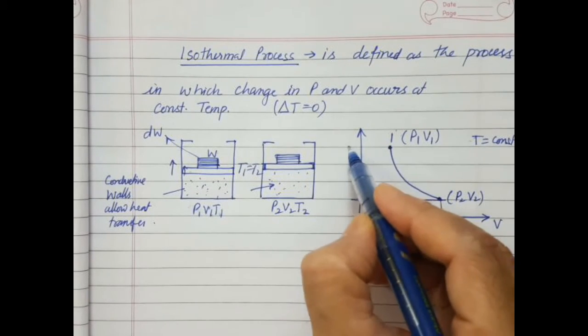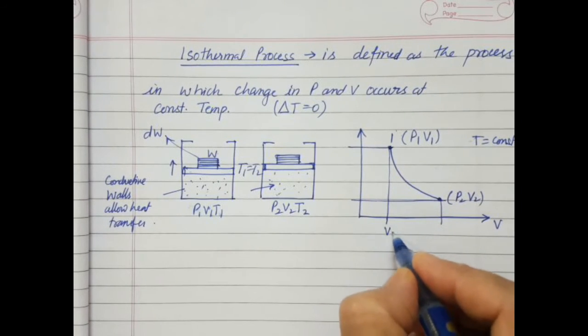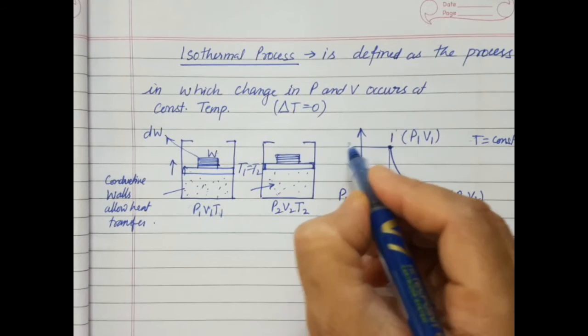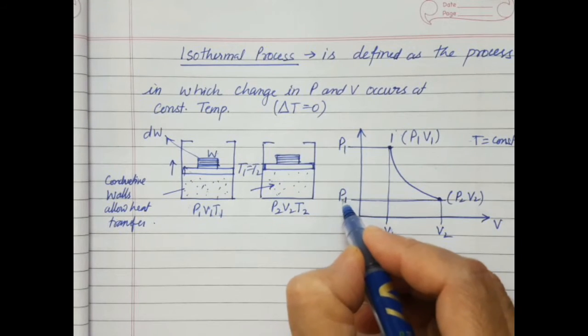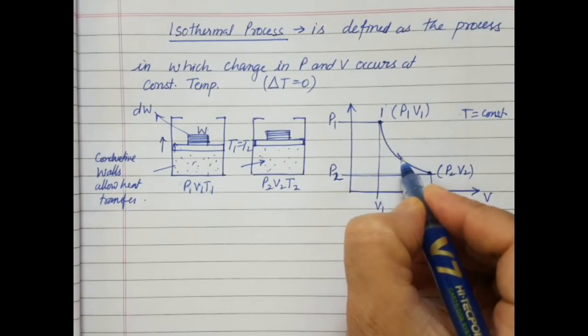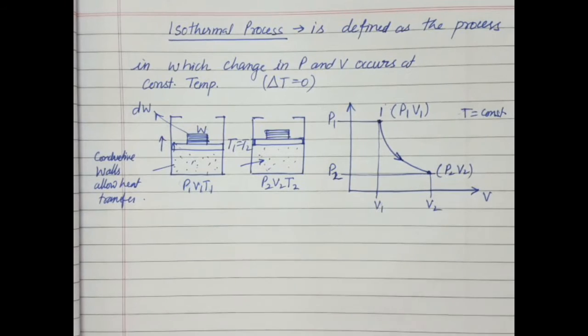Here is V1, here is V2, here is P1, here is P2. So this is your process.